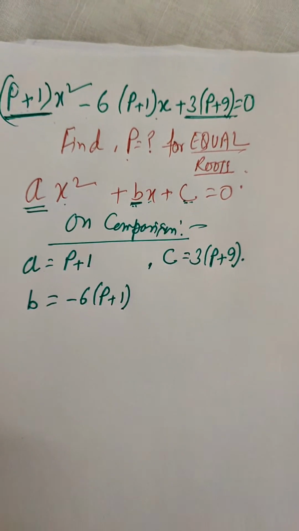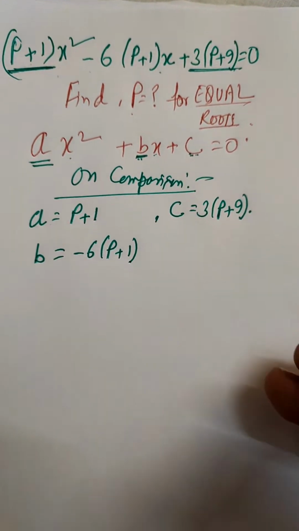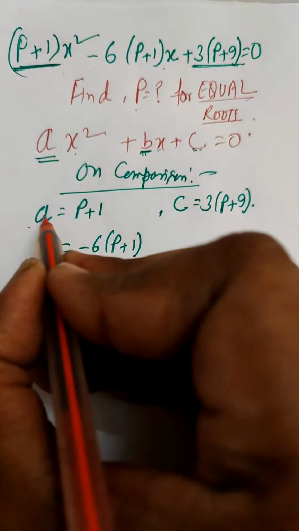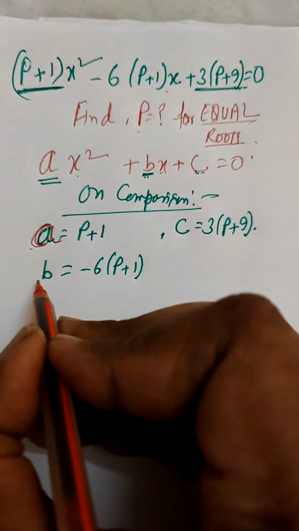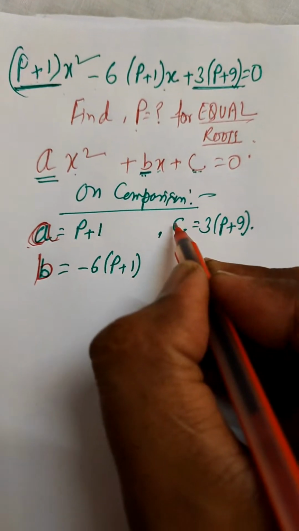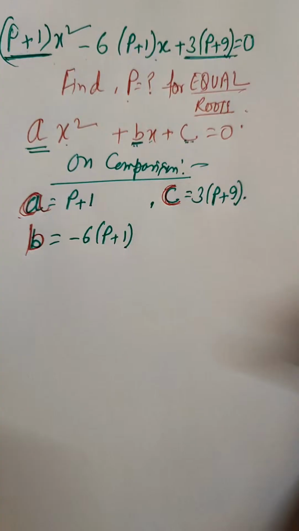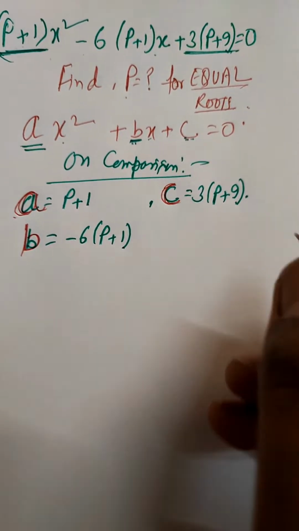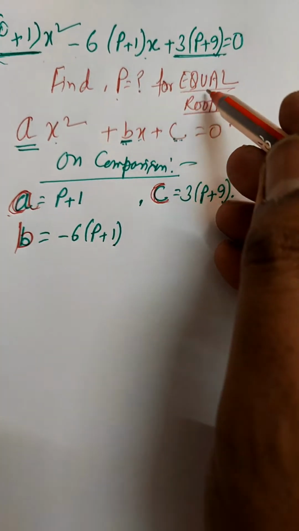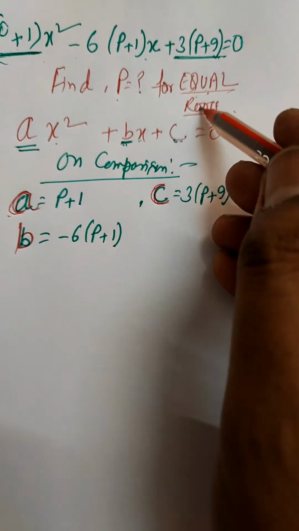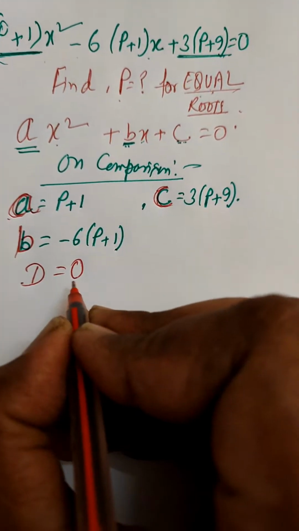Right? So the value of a is found, b is found, and c is also found. Now we can simply use the relation that for equal roots, D should be equal to 0. And what is D?